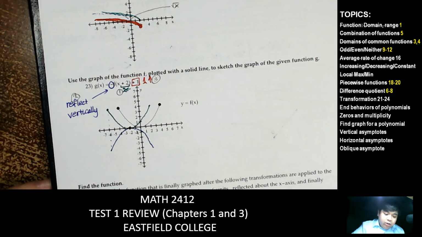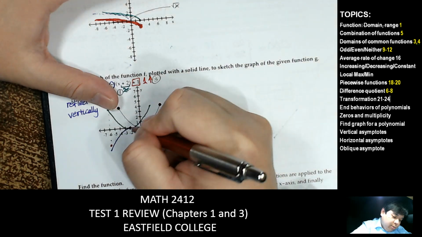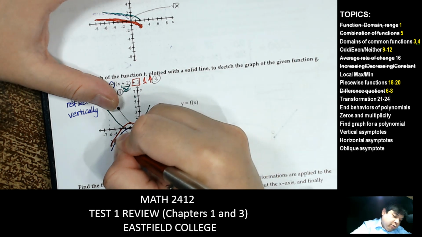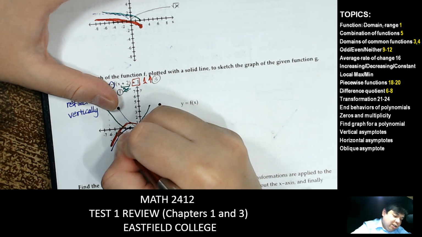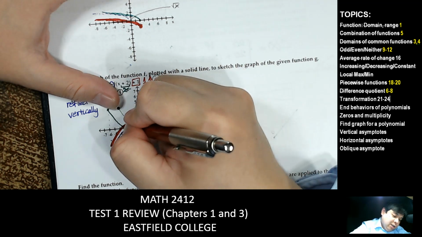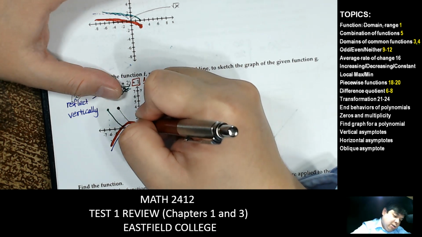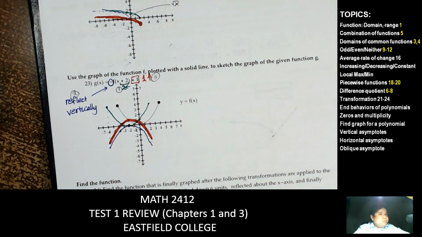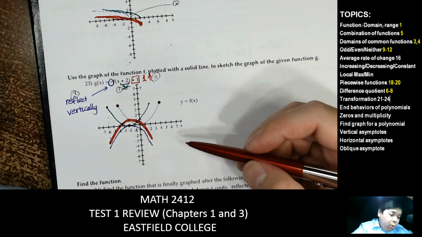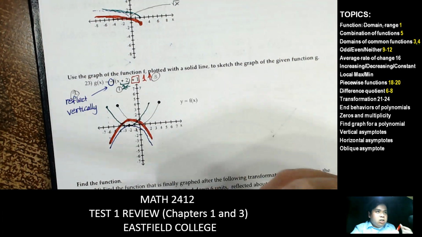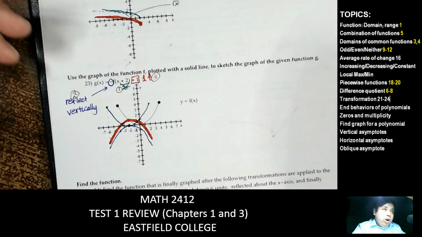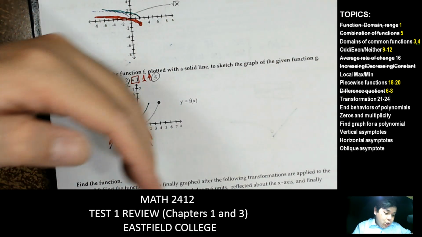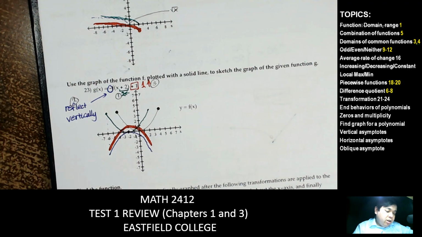And finally we'll go up 1 unit, so this will be up 1, up 1, up 1, and then we just make it a little darker. So that's what we have. Right, just order of operation, and just order of transformation I should say, and then we just follow those transformations. In this case 2 units to the left, flip it upside down, and then go up 1 unit.